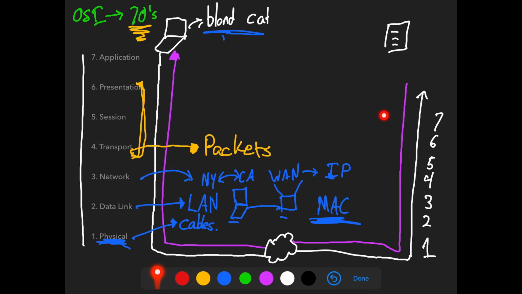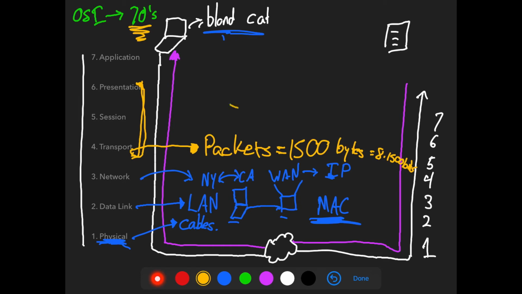And so basically on the internet, we break things up into packets. Packets are typically about 1,500 bytes, or 8 times 1,500 bits, because each byte is 8 bits. So what the transport layer does is it breaks your traffic down.